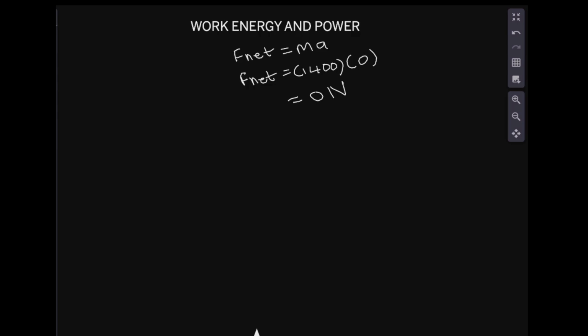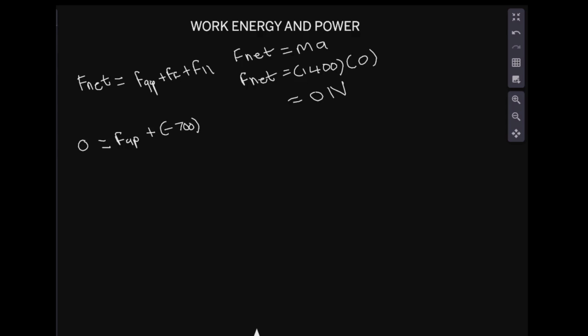Now come here, write a different formula. F net. Now you're going to list all the forces. We have F applied, right? We have frictional force, and we have F parallel, right? So we're going to say 0 equals F applied, which is what we're looking for, plus frictional force, which is acting in the opposite direction.